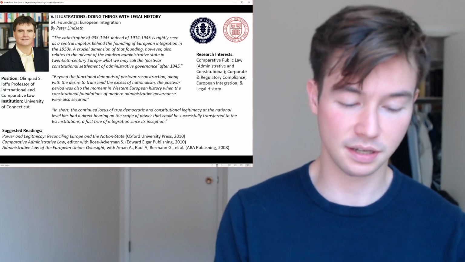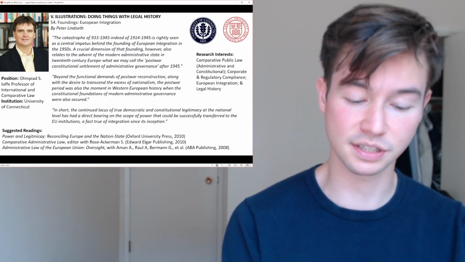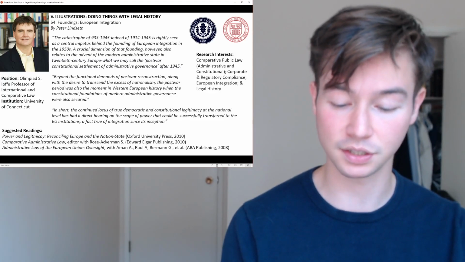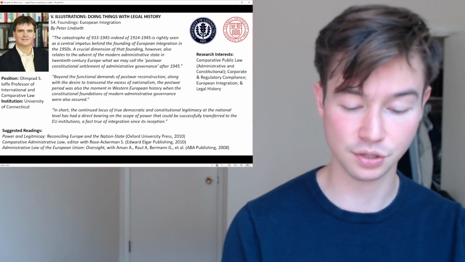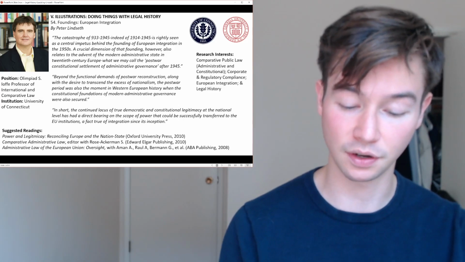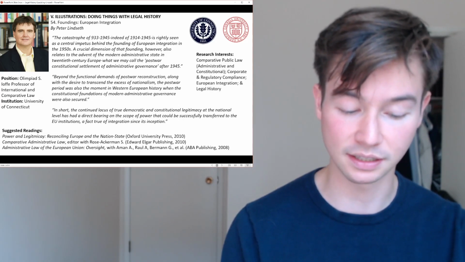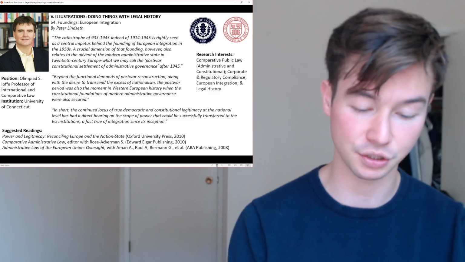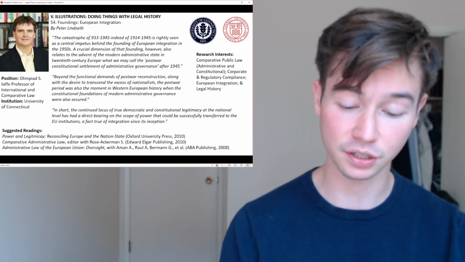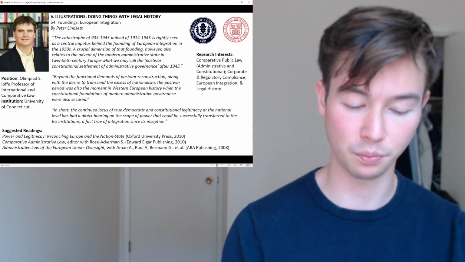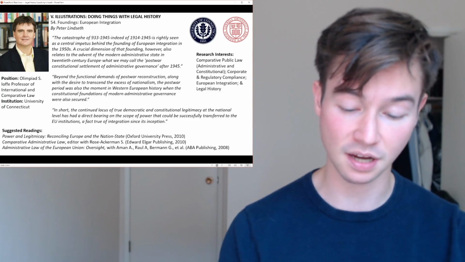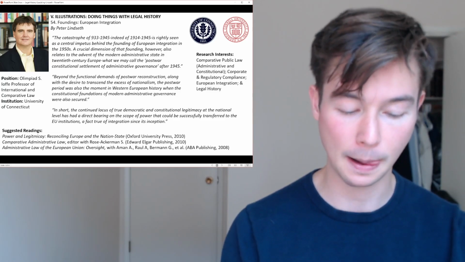At almost the same historical moment, these national forms of administrative governance were consolidated in Western Europe. The administrative governance also began to take on an additional supranational dimension, which involved a shift of regulatory power, both in terms of rulemaking and enforcement and adjudication, to institutions operating outside the confines of the nation-state.